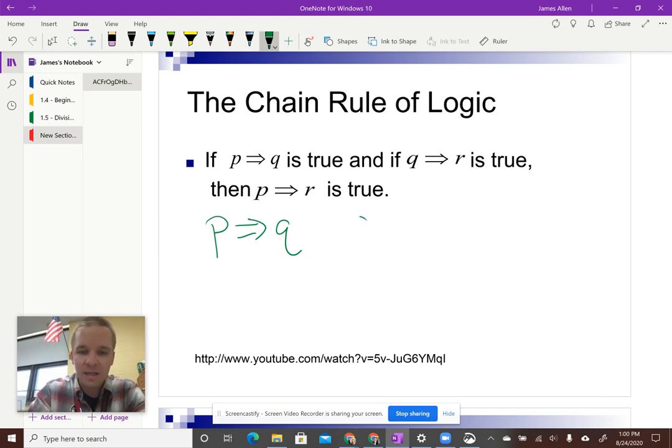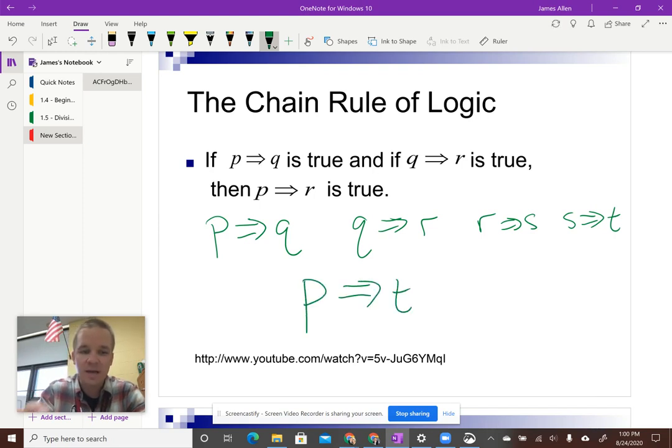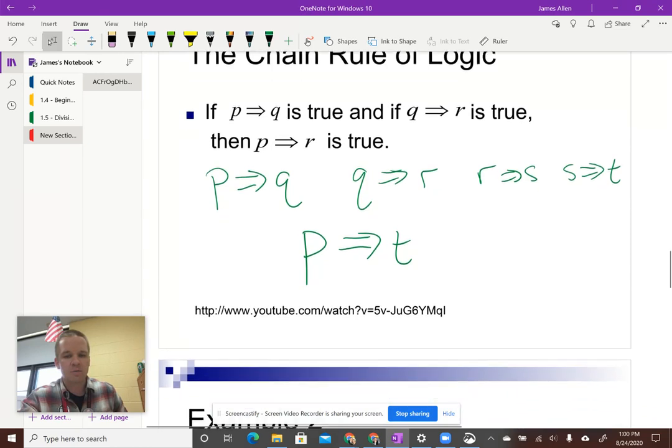This can be expanded if we knew R to S and then S to T, I could conclude that P then T. I could go from the first statement of logic all the way to the last in one step, and that's by using the chain rule of logic. We'll have another rule that's similar to that later on in honors geometry as well. But that is our chain rule.